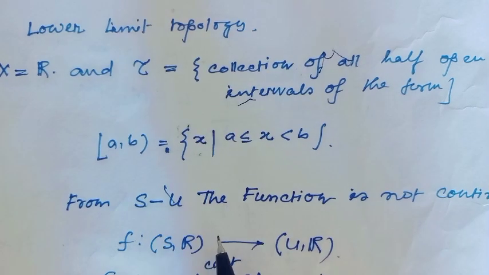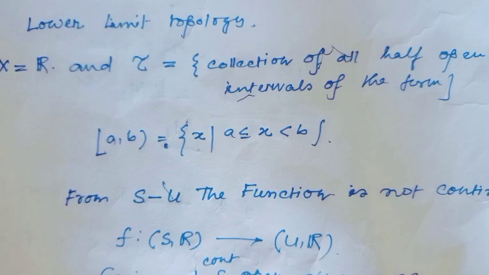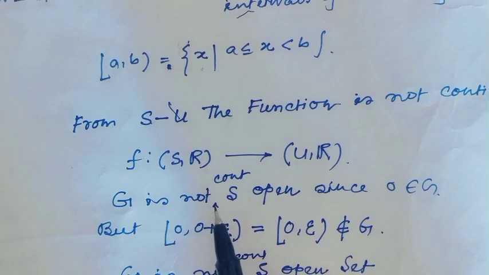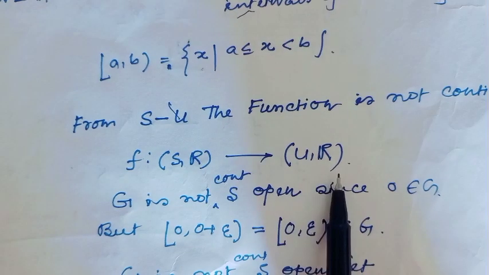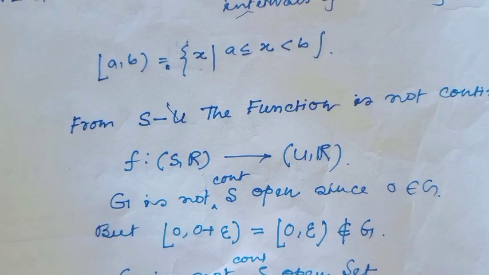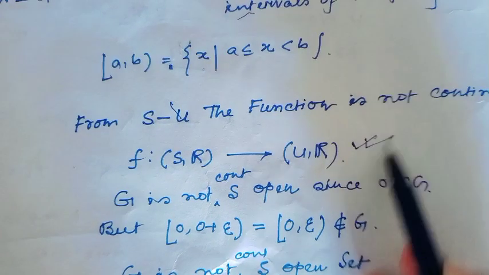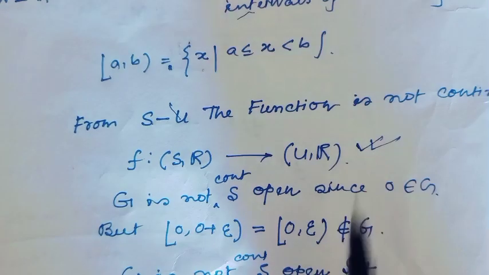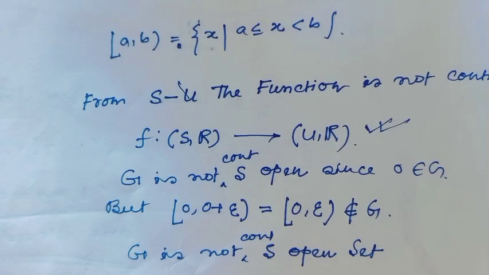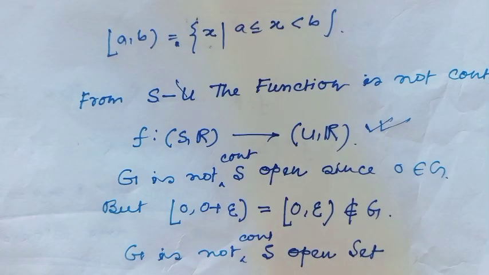From the lower limit topology to the usual topology, the function is not continuous. Define a function f from SR to UR, where SR is the lower limit topology and UR is the usual topology. Why is it not continuous?